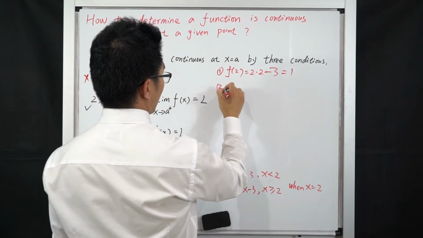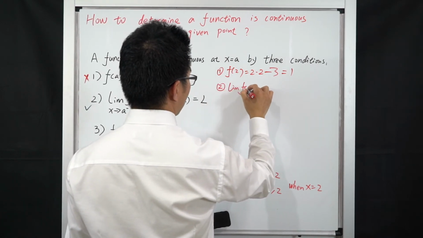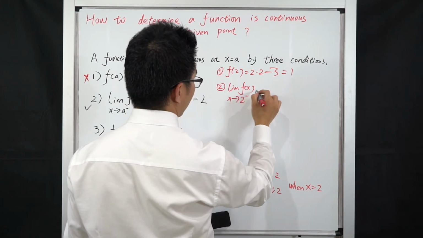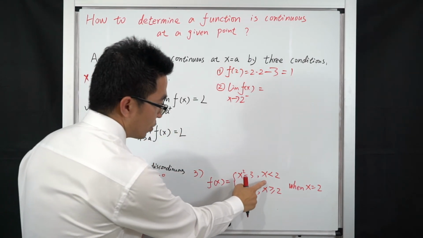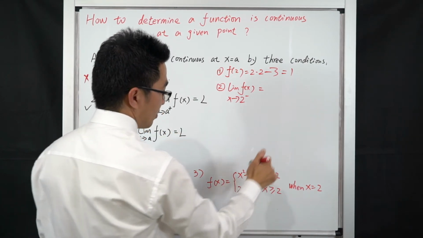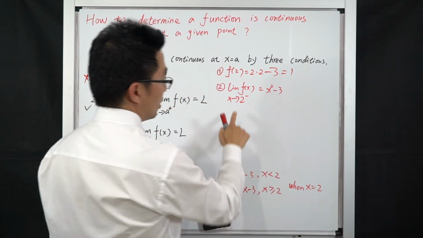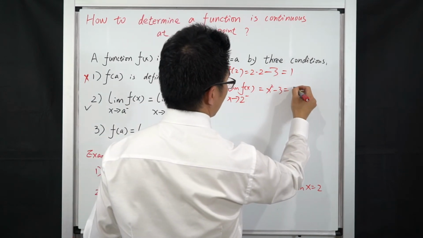The second condition is the limit of the function when x approaches 2 from the negative side. We are choosing this function, x squared minus 3. So x approaching 2, this would be 4, and 4 minus 3 would be 1.